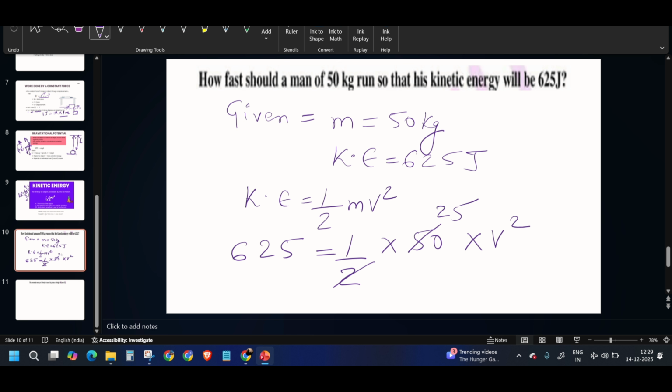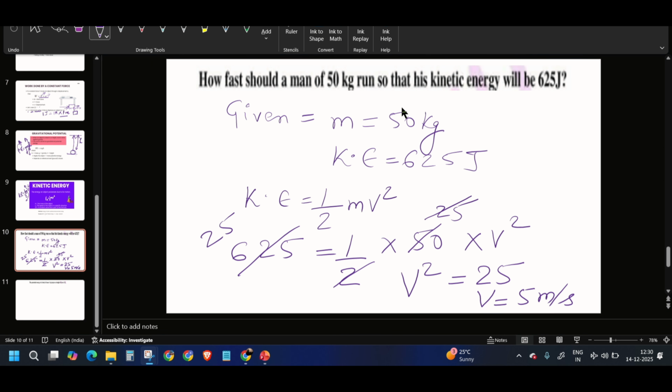This is 25 and this will be 25. So v square is equal to 25. So v is equal to 5 meter per second. So in this question, we obtained the velocity of the man, that is, v is equal to 5 meter per second. So the answer of this question will be 5 meter per second.